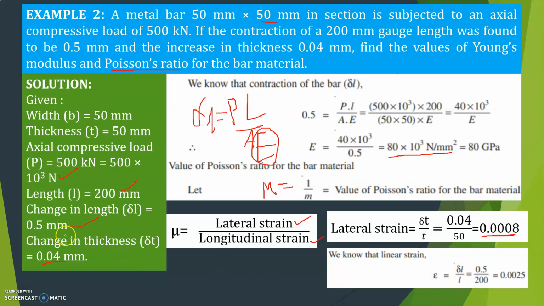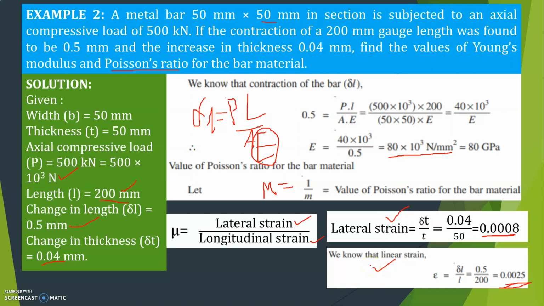Change in the length is given here, that is 0.5, divided by original length. Original length is 200 mm. Correct? Substitute. You get linear strain, or longitudinal strain, is equal to 0.0025.